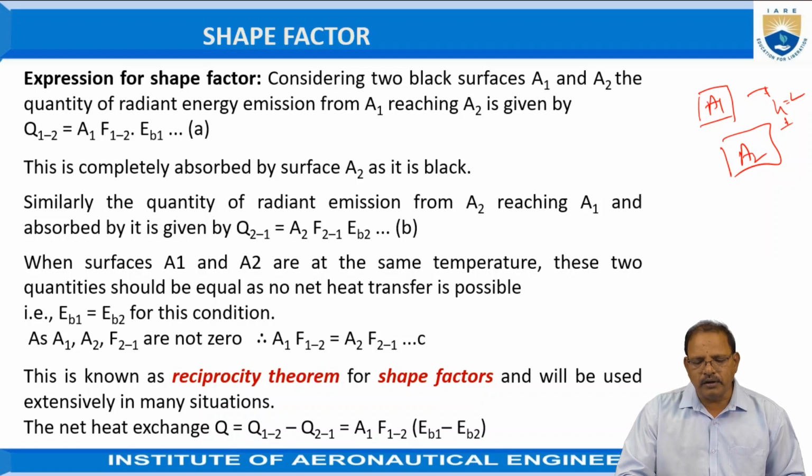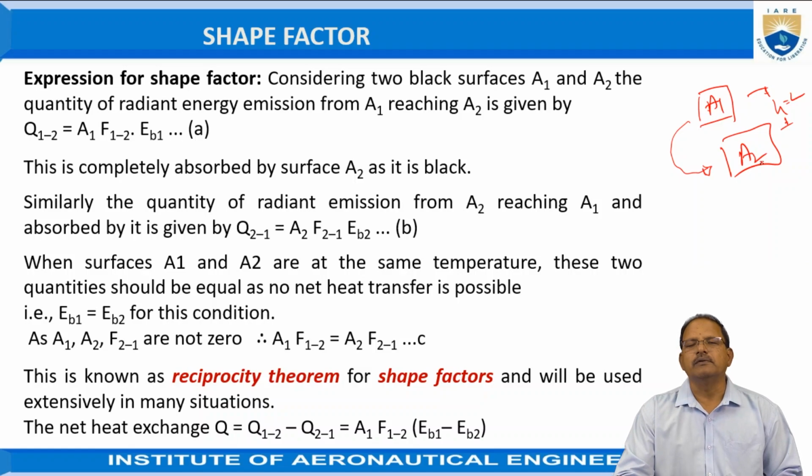The amount of energy emitted from A1 and reaching A2, that is, energy flowing from position 1 to 2, is represented as Q12, which is equal to A1 into F12 into EB1.